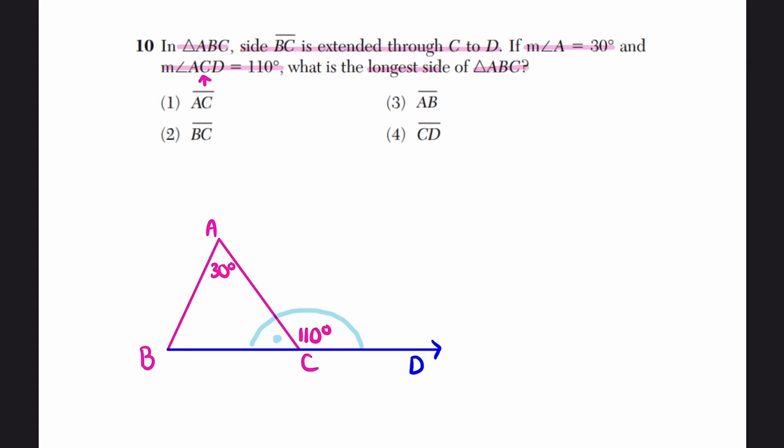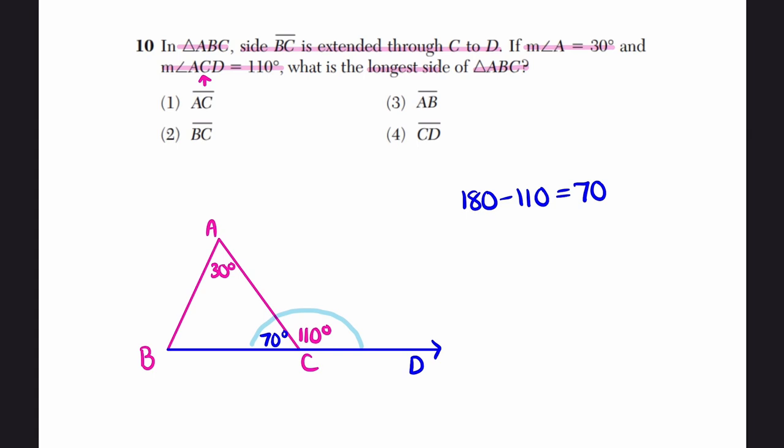And we know that linear pairs are supplementary. So what that means is that those two angles have to add to 180 degrees. So if we take 180 degrees and we subtract 110 degrees, we get 70 degrees left, which means that this inside angle here is 70 degrees.